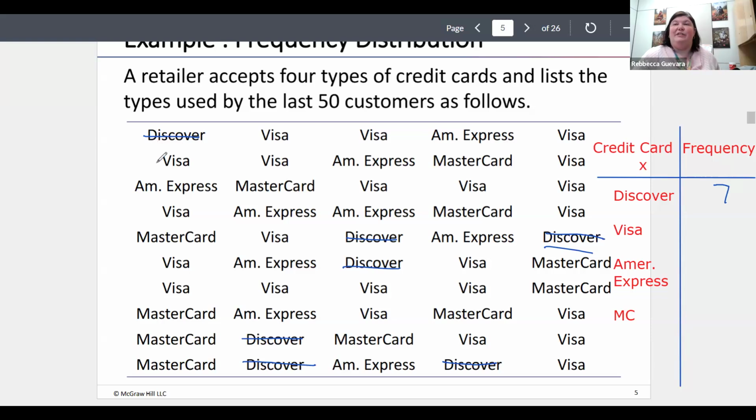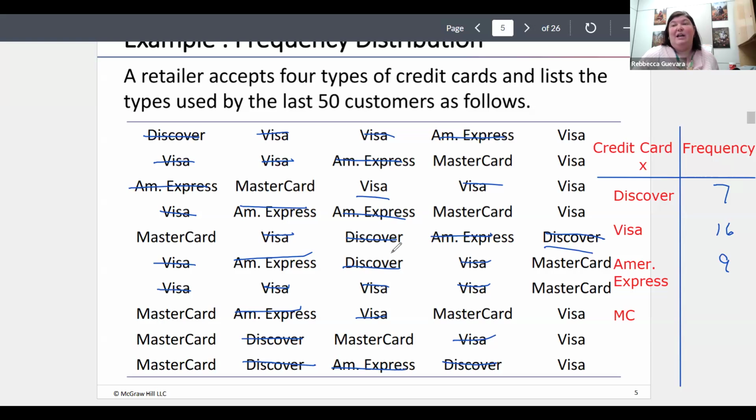We'll go through and count our Visa cards. We have 1, 2, 3, 4, 5, 6, 7, 8, 9, 10, 11, 12, 13, 14, 15, 16. There's 16 Visa, and American Express we have 1, 2, 3, 4, 5, 6, 7, 8, 9. Did I count these Visas over here?